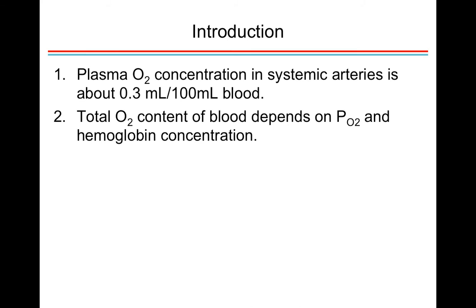So the plasma oxygen concentration in the systemic arteries is about 0.3 mL per 100 mL of blood. And the total oxygen content of blood depends on the pressure of oxygen and the hemoglobin concentration.